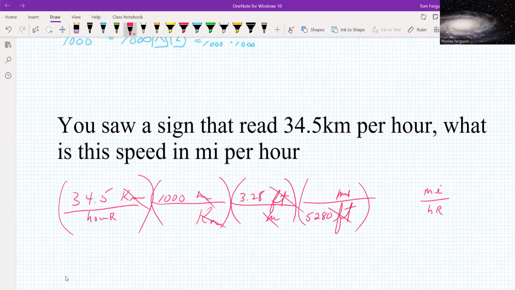The hour here wasn't converted. Now, sometimes the denominator has to be converted as well. So then you do the same thing with the denominator, and you get a cancellation again. That's where you want to be.